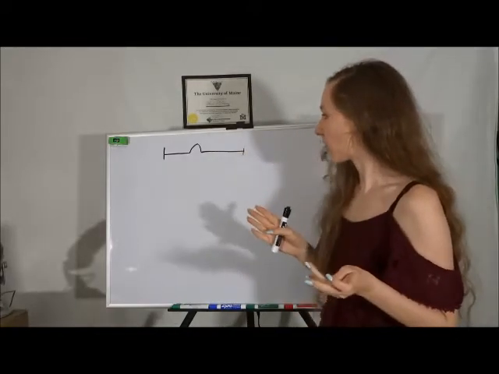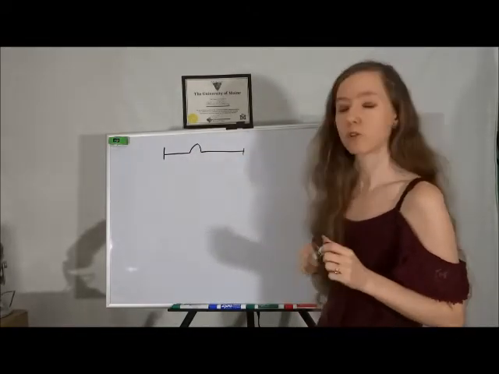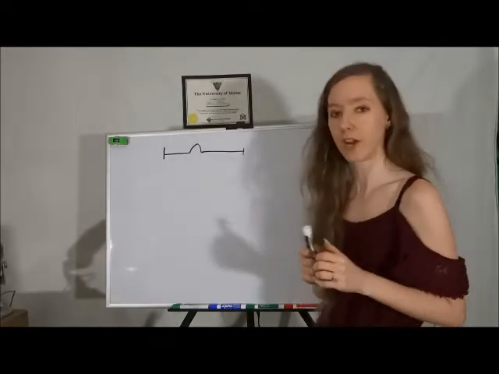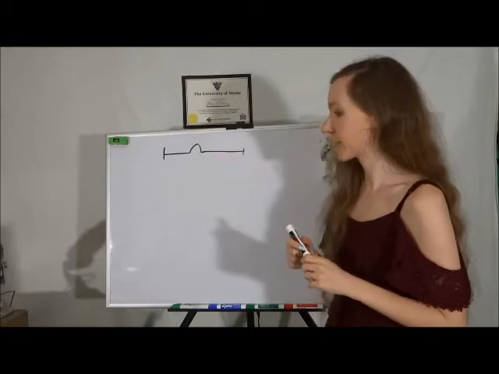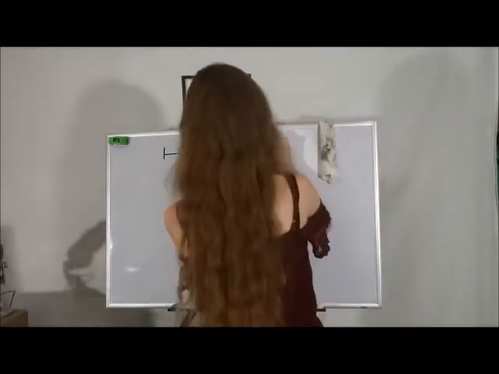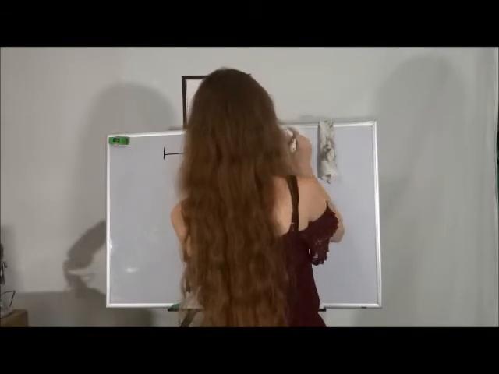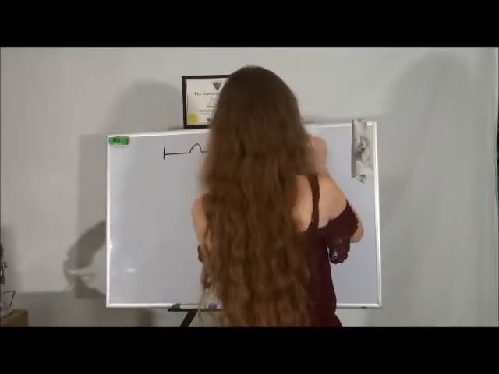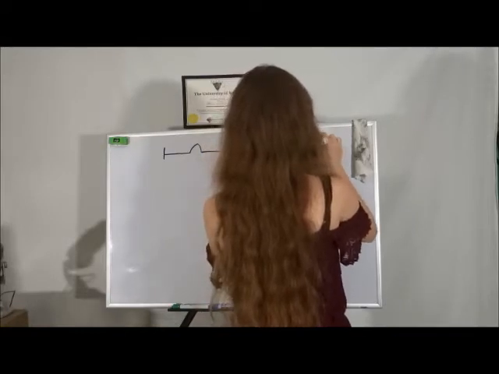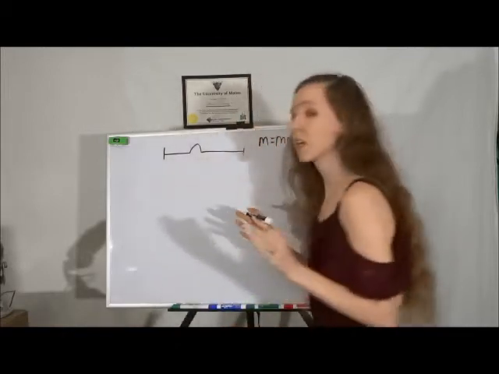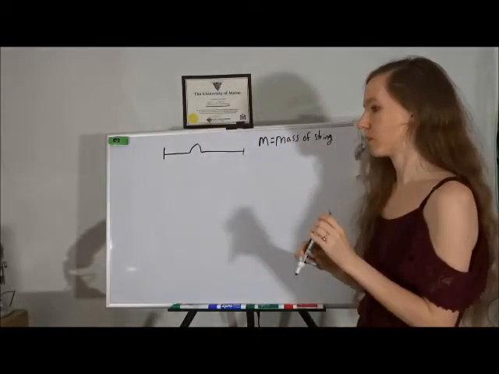Now it turns out that how fast this wave will travel depends on the material properties of the string. So our string is going to have some mass, and we're just going to use a little m. So little m is the mass of our string. And our string is also going to have some length.